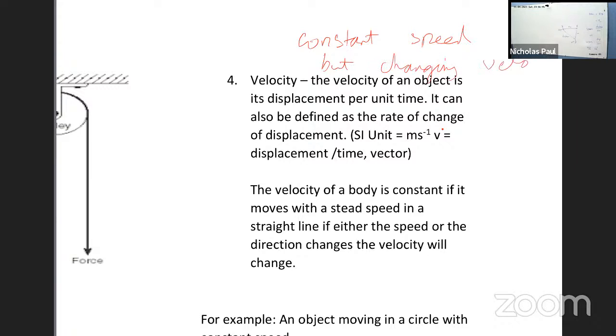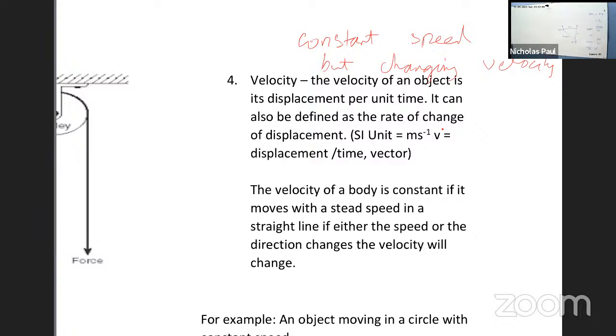Anybody knows that example? Constant speed but velocity changes. How can your speed be constant, but your velocity changes?